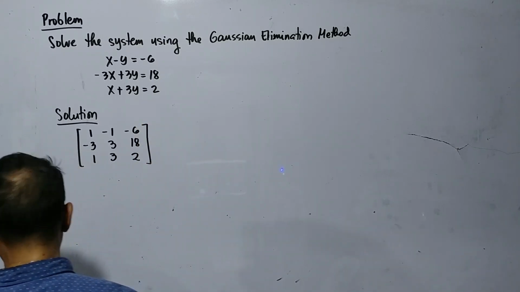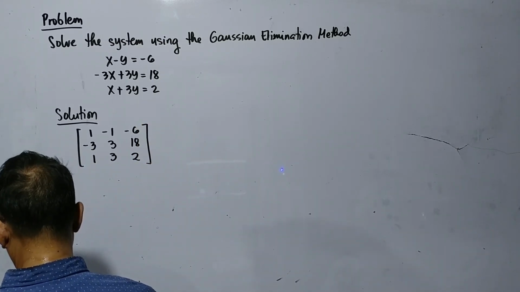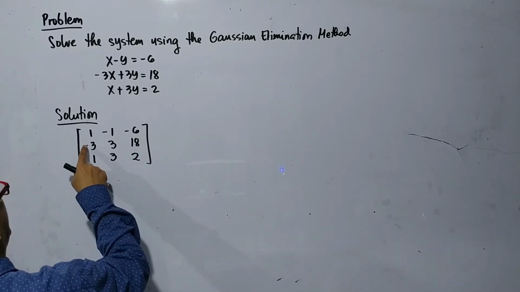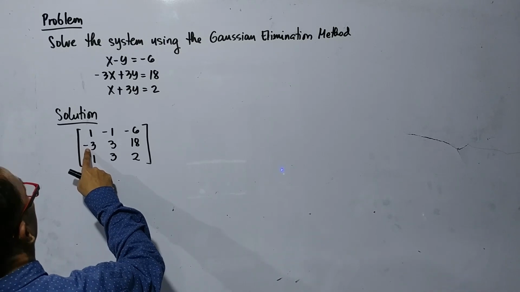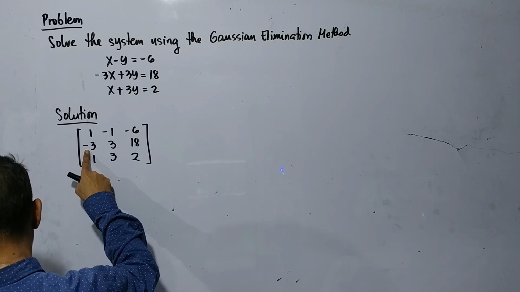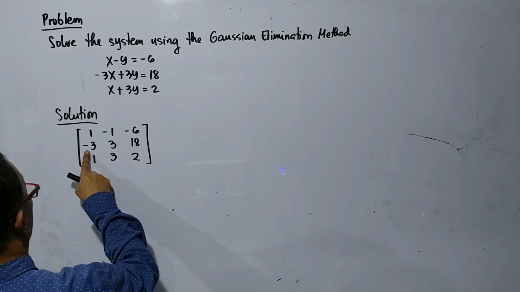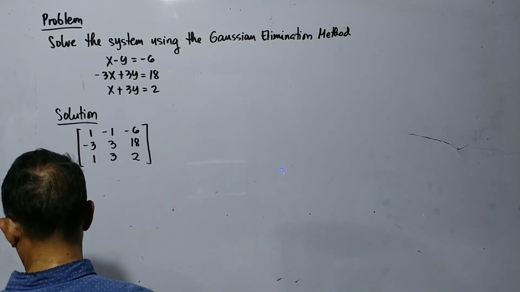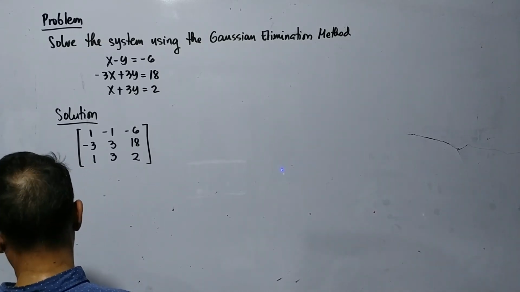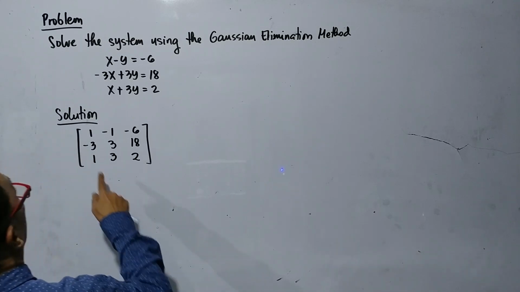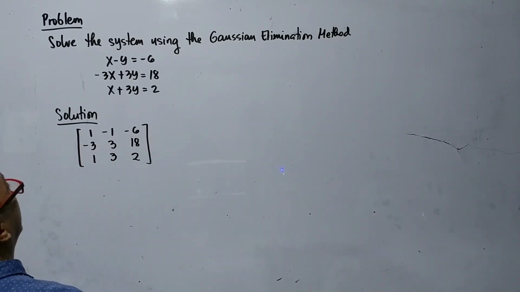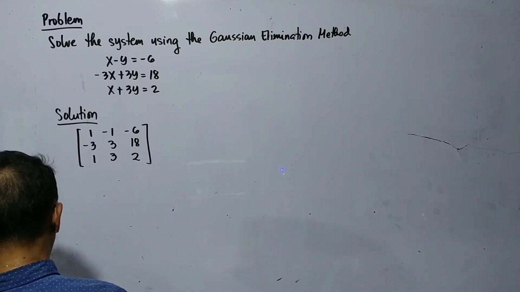Okay, next. We have to make this 0. So, to make this 0, we will multiply the first row by 3, then add the second row.